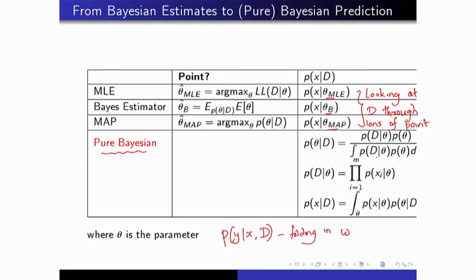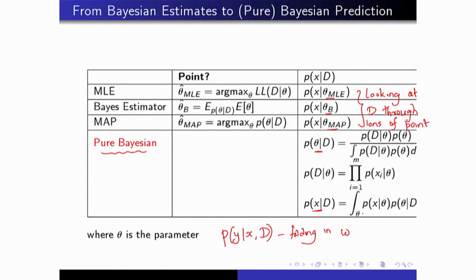And this can be obtained by applying the Bayes rule. The denominator will involve integrating over all the values of theta, because you're looking at probability of theta given d. So this is the posterior, but instead of employing the posterior to find a point estimate, what you do is employ the posterior to find the posterior of the data, the test point on which you want to infer.